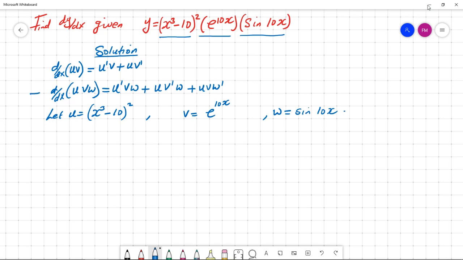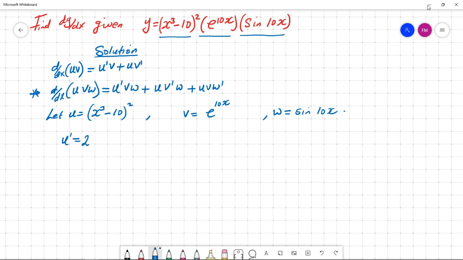Okay, that's what we have. So from this formula, we will need u prime, we will need v prime, and we will need w prime. So let's look for those. u prime is equal to, that is, you differentiate u with respect to x. So in this case we are going to use chain rule.